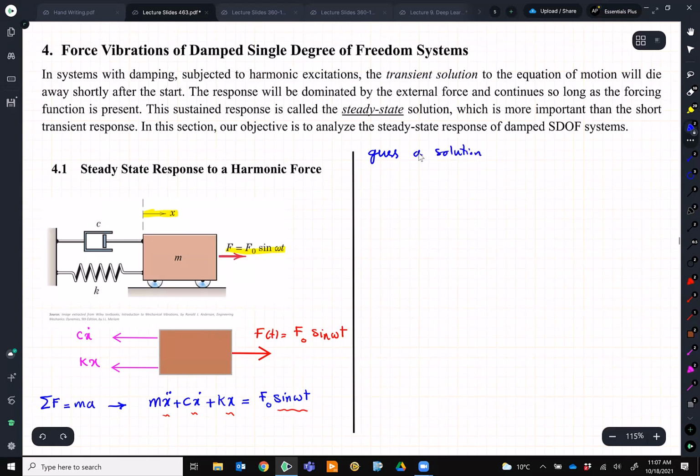We start by this guess: x(t) equal to X e to the power of i omega t. Now you may be wondering why we have a complex e to the i omega t. The reason is Euler's formula from math: e to the i omega t is equal to cosine omega t plus i sine omega t.